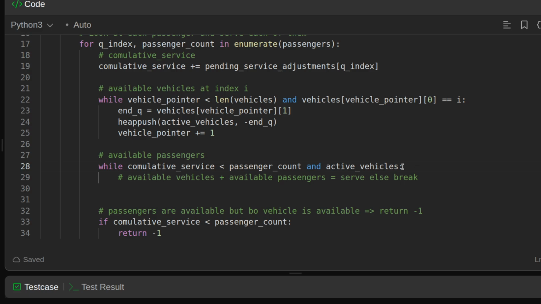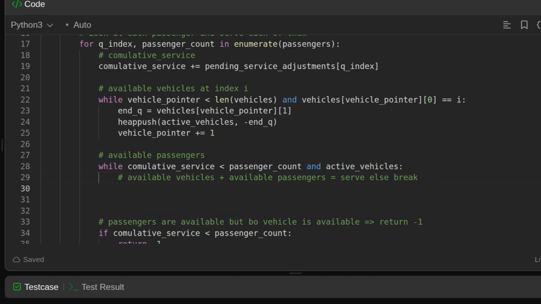So if the services that we have provided is less than the passenger count, then of course we are going to serve the passenger. But before serving the passenger, let us just check the end of the active vehicles. Since this is a heap queue, we are pushing it in minus form.